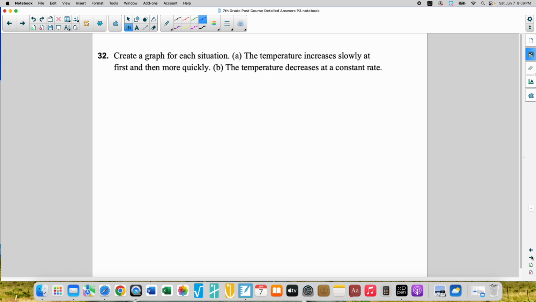Number 32, create a graph for each situation. The temperature increases slowly at first and then more quickly. So when you have a chart like this, over time you have temperature on your y-axis, you have time on your x-axis. So as you go, the temperature is going to increase slowly and then it jumps.